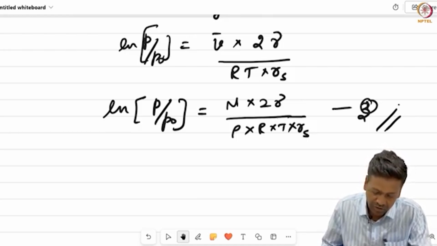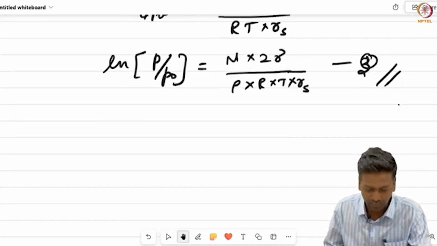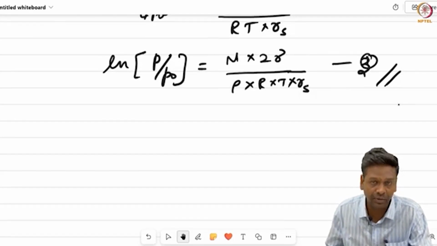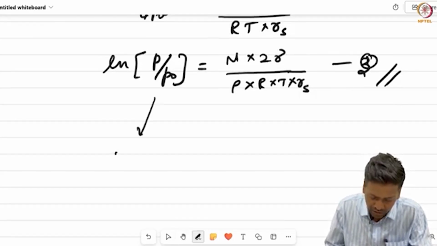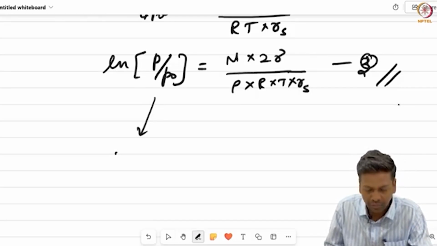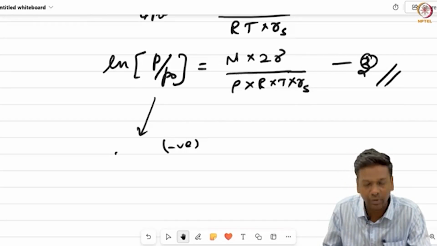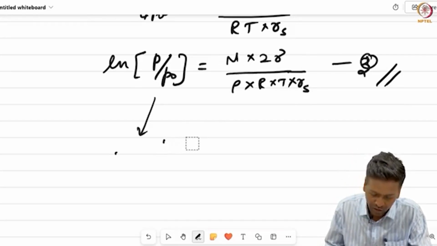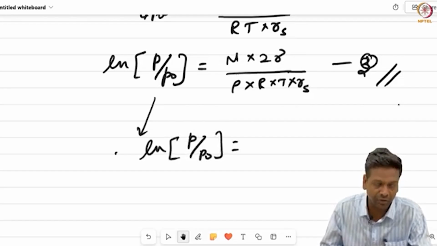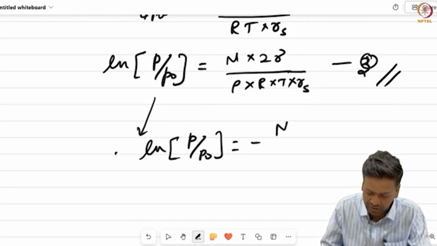Now, this is usually for a droplet. When we talk about a bubble, until the critical size of the bubble, when you evaluate this natural logarithm, it will always be negative, because P by P naught will be a fraction. So for a bubble, the equation takes the negative sign, the rest will be the same.